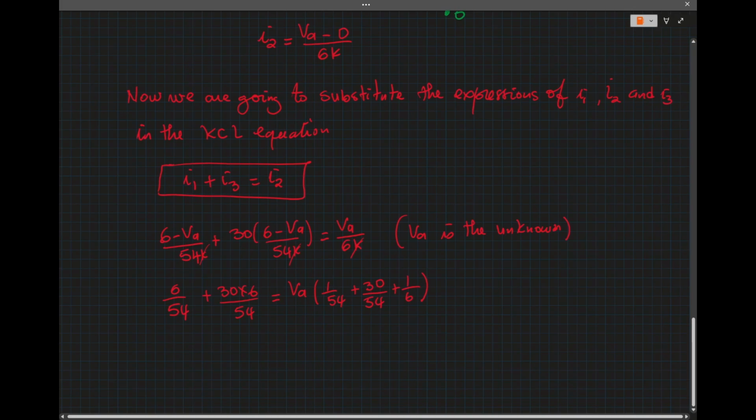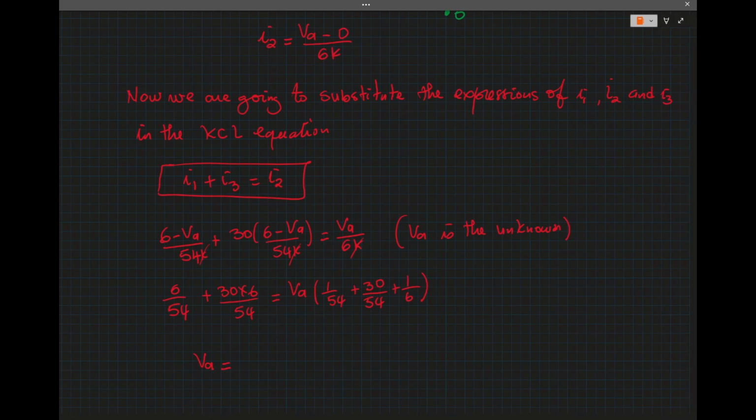Okay, so when we calculate VA, it's going to give me 4.65 volt. That's VA.